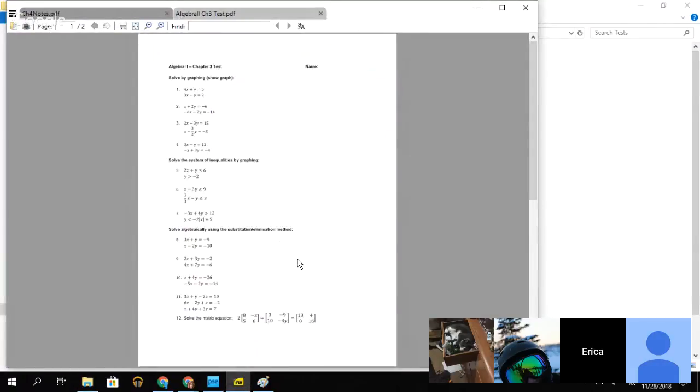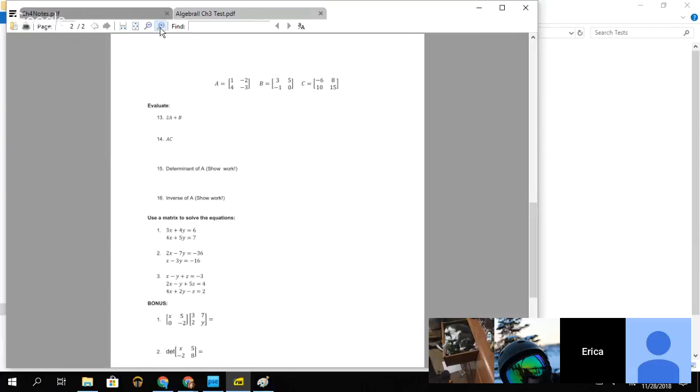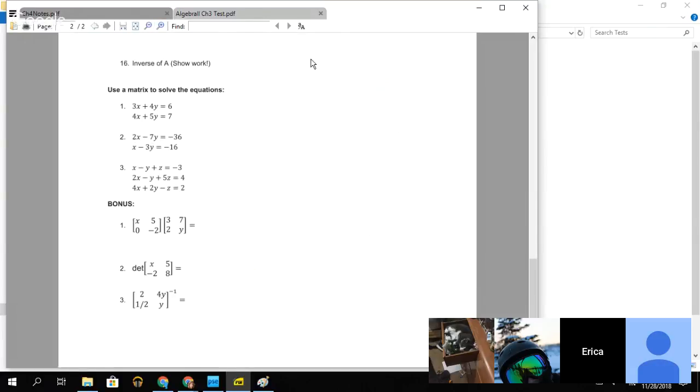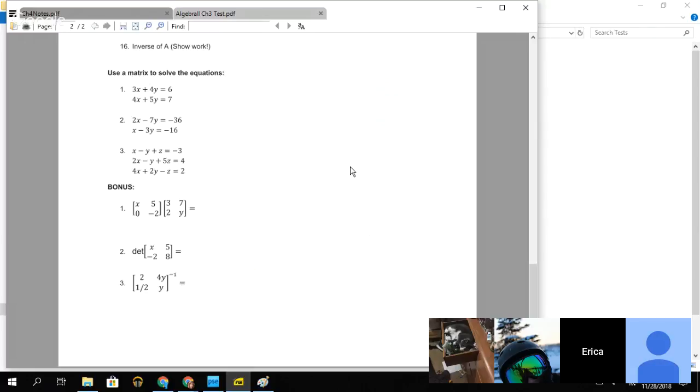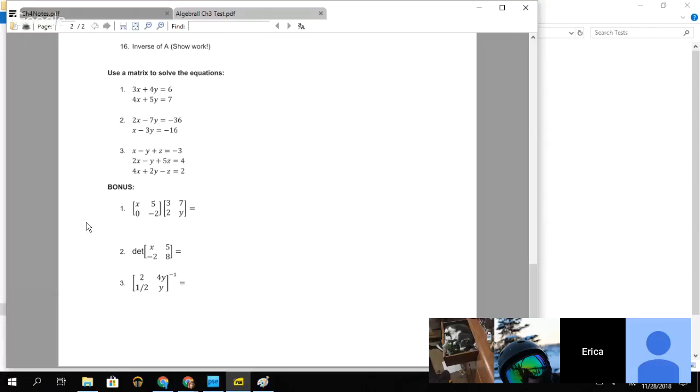Okay, so what I'm talking about on the test is these 3 here: use a matrix to solve the equations. I realize it's weird, numbers 1, 2, and 3 at the end of the test, but I just want to go over how to do this again, because it's actually not too difficult, and it's something you can do in higher level math pretty easily.